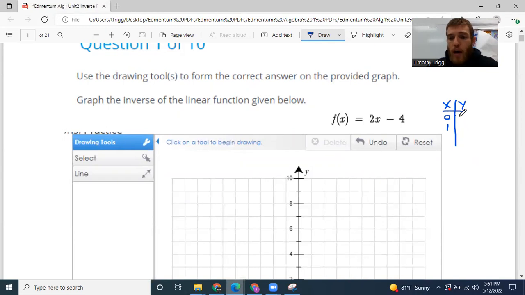Okay, so how do I find the corresponding y coordinates? Well, I'm going to replace x with 0 to figure out my y. In other words, I'm going to find f of 0. So what does this equal? 2 times 0 is 0. 0 minus 4 is -4. Great. So 0, -4 is a point on this function.